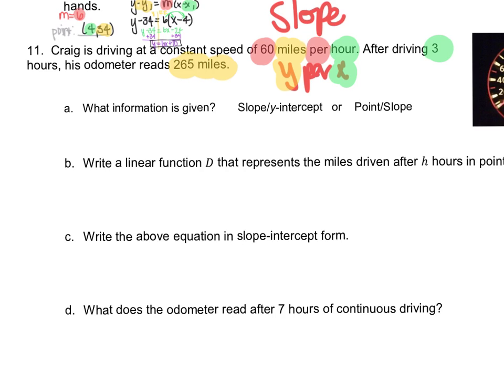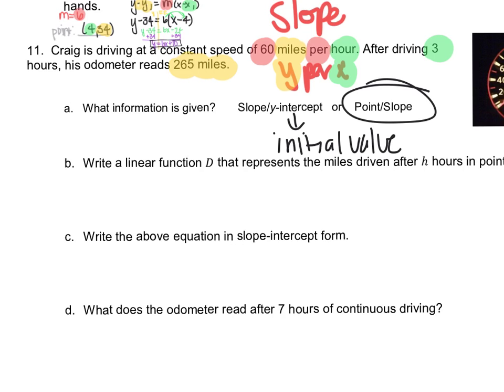So the question asks, what have they given us? Have they given us a slope and a y-intercept or a point and a slope? And if they had, remember, if they've given us a y-intercept, they would have had to give us something that was an initial value. So a y-intercept is an initial value, which they didn't give us. So we have a point and a slope.